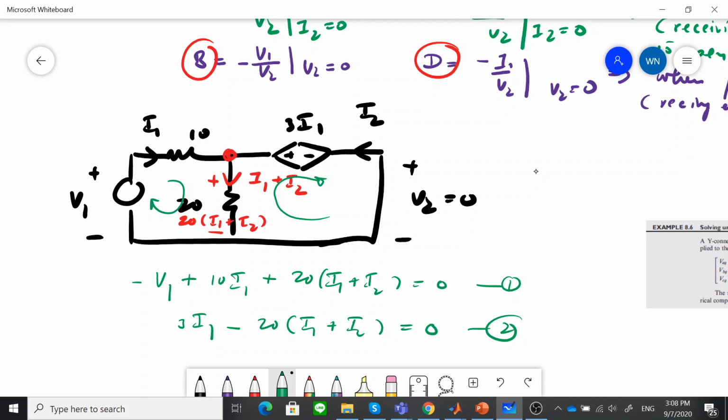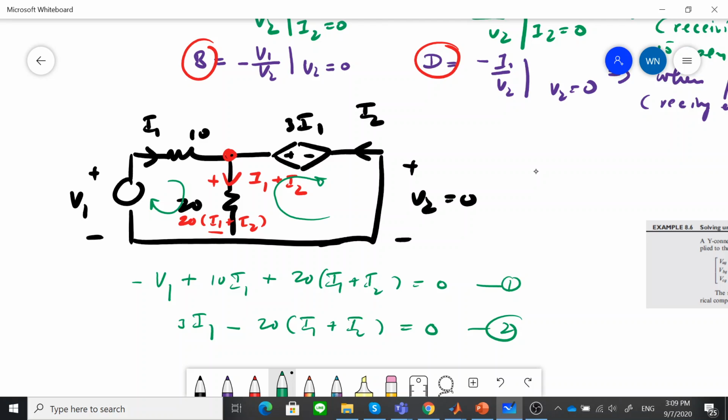Now you have to manipulate the equations a little bit. For this loop 2, what you need to do is find V1 and V2.